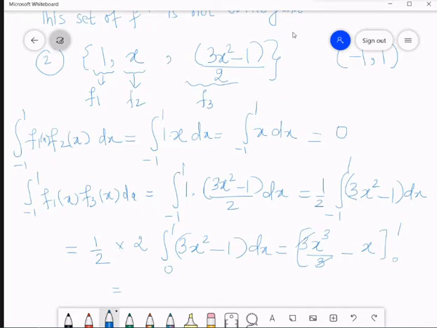So this is also turning out to be 0. So even though it is even, still we are getting a 0.